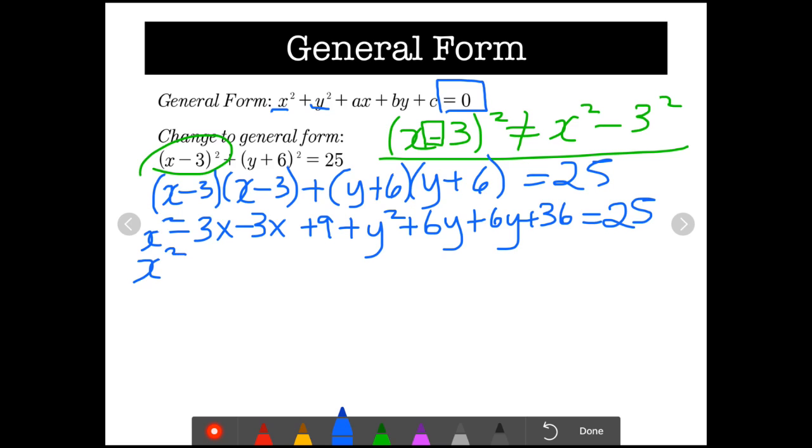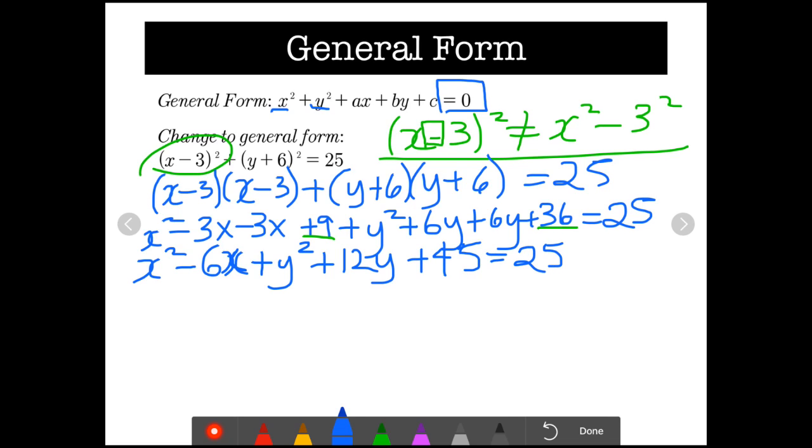So we'll end up with x² - 6x. This 9, I will just leave it because I'm going to need to combine it with this 36. And so it's going to be + y² + 12y. And then 9 + 36 is 45 = 25.